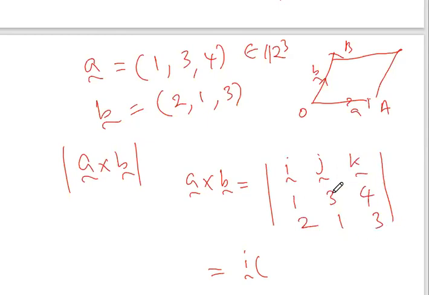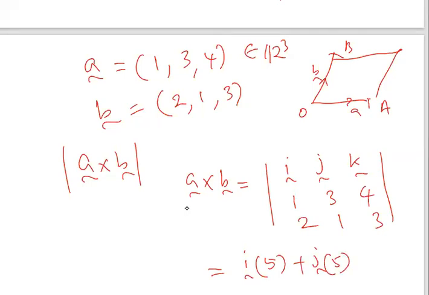Then take the determinant of this: 9 minus 4 is 5. Minus j: removing the first row and the second column, we are left with 1, 4, 2, 3. Let's find the determinant of that matrix. 1 times 3 is 3, minus 8 is negative 5.